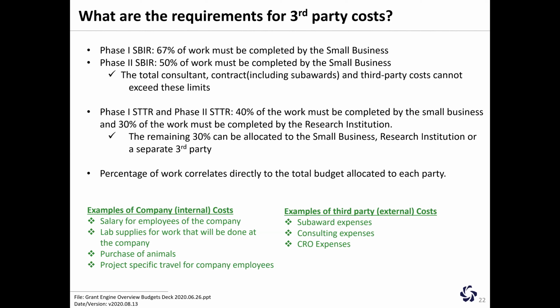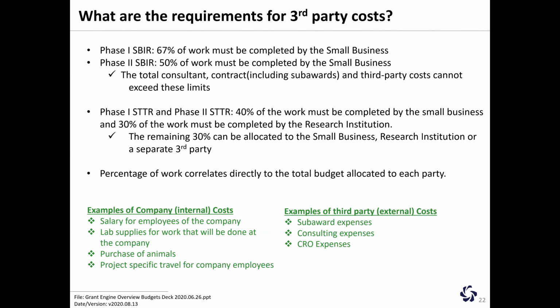My understanding was that some agencies like NIH have a more flexible understanding of what that might be, and that they allow some CRO work to be counted towards that 40%. Is that sometimes the case, or is that never the case?